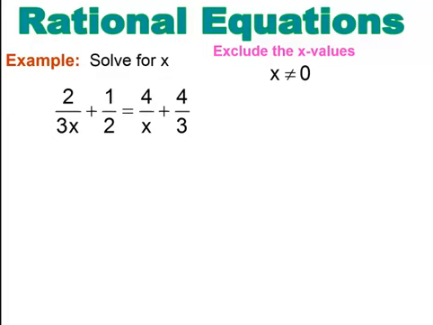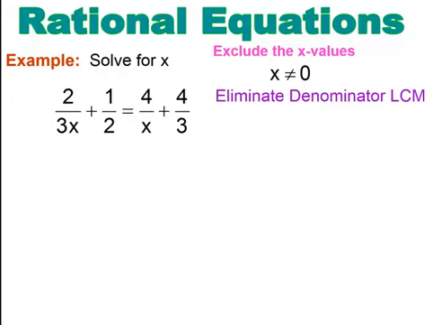So now I want to solve the rational equation. And to solve the rational equation, you want to first find the least common multiple, because we want to eliminate the rational expressions and make it a standard equation. So to do that, you want to multiply the entire equation by the least common multiple.